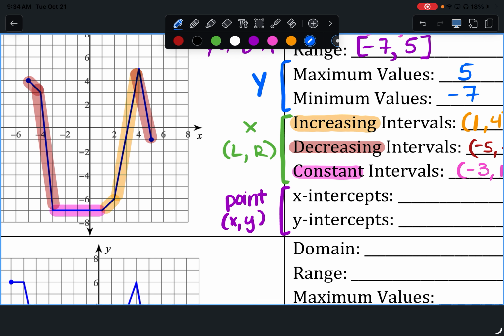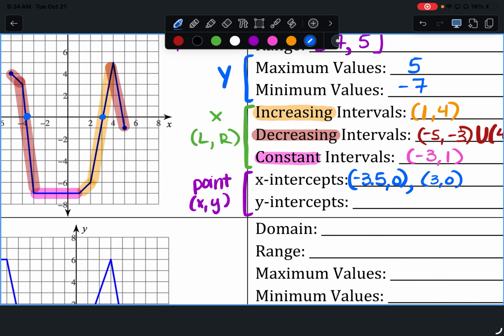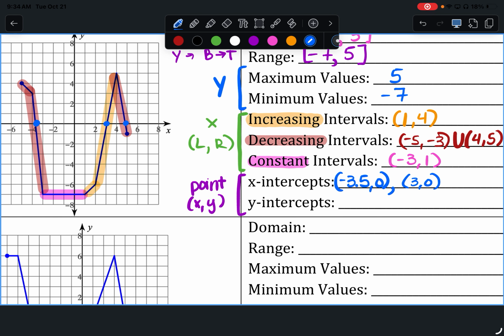So if I look here, roughly where is that point at? -3.5, comma 0. Okay, but the next one is where? 3, 0. And then that last one, we're just going to say it's at 5, 0. On the test, though, you do not have to estimate. It will be where they are.